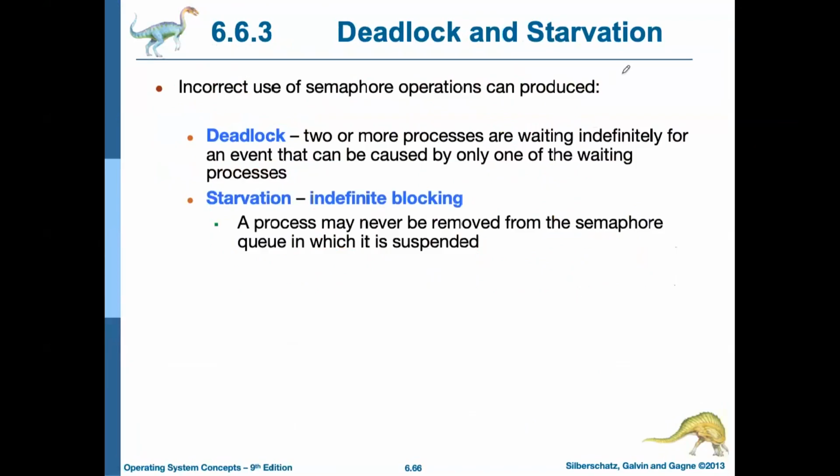So incorrect use: deadlock and starvation. Incorrect use of semaphore operations can produce deadlock. These are the issues where two or more processes are waiting indefinitely for an event that can be caused by only one of the waiting processes. Starvation is indefinite blocking, where a process is never removed from the semaphore queue in which it is suspended.